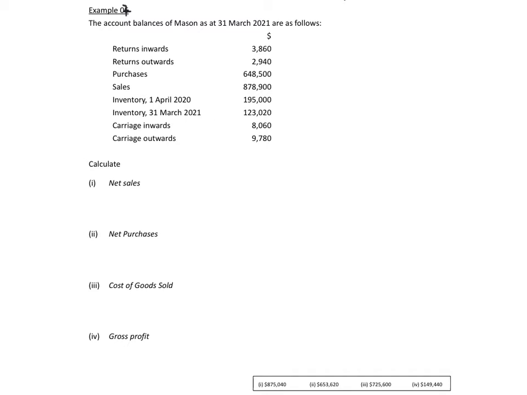For the first one, we will tell you how to calculate net sales. For the net sales, we have the formula. Remember, it's net sales, and the formula will be the sales minus the return inwards, the return in. So we just plug in the numbers.